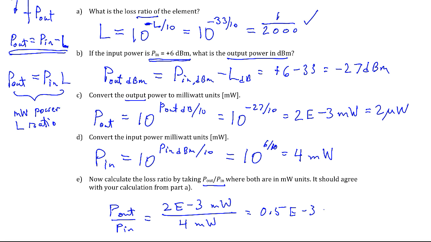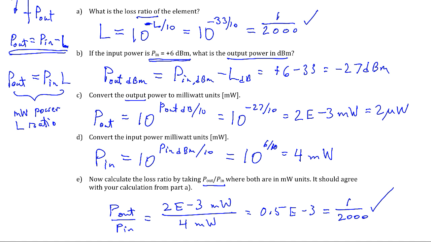If it were 1 times 10 to the minus third, that would be 1,000th, but it is half of that, so it is 1/2000th. And that agrees with what we had up above.